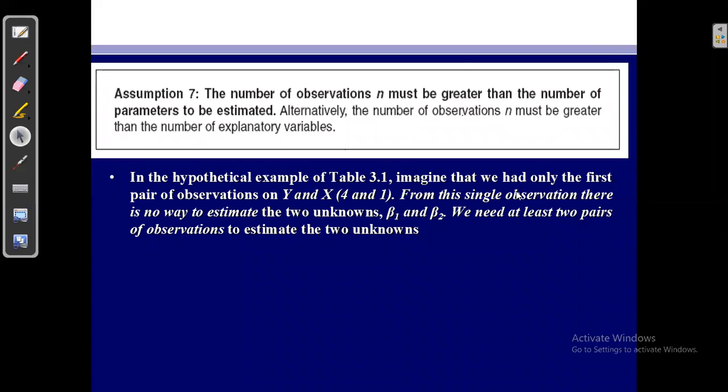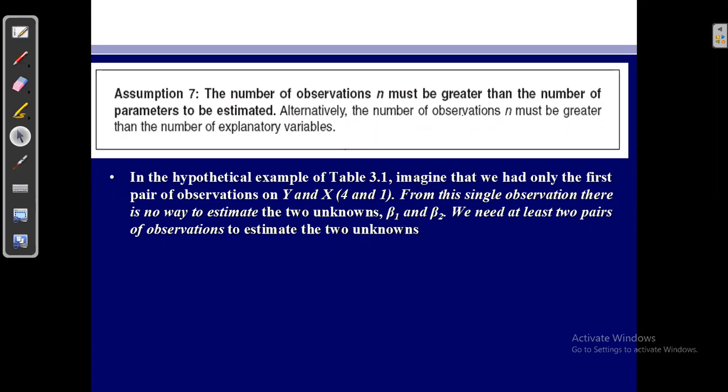But if you increase the number of X variables in your model, then the number of betas would also increase. So the general rule is that the number of parameters, the number of betas in your model, would always be one more than the number of X variables.